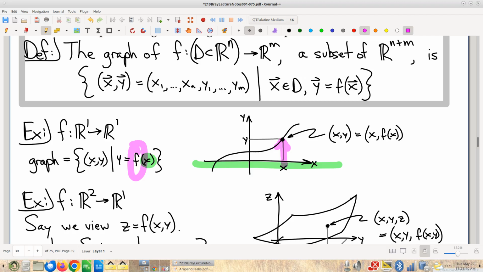Here's a third way to think about it. Also really useful depending on the circumstance. There's a choice involved here. We start with a function. When you have a function, there's an output value for any input value.